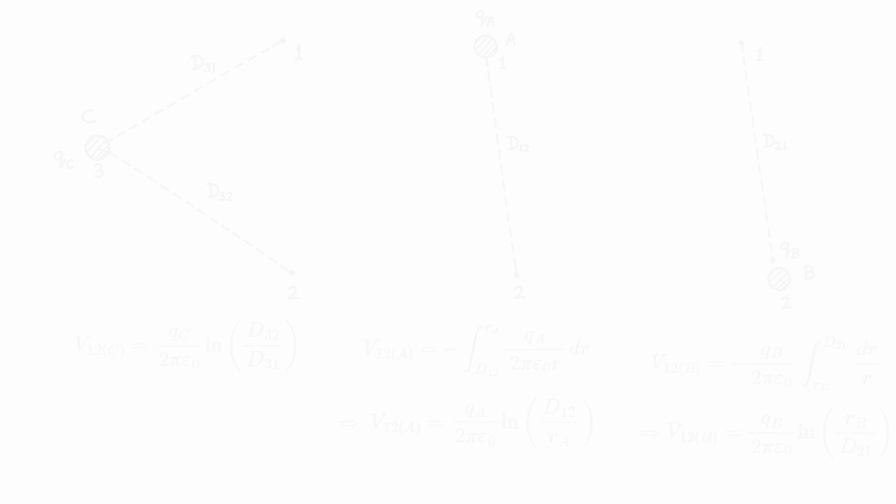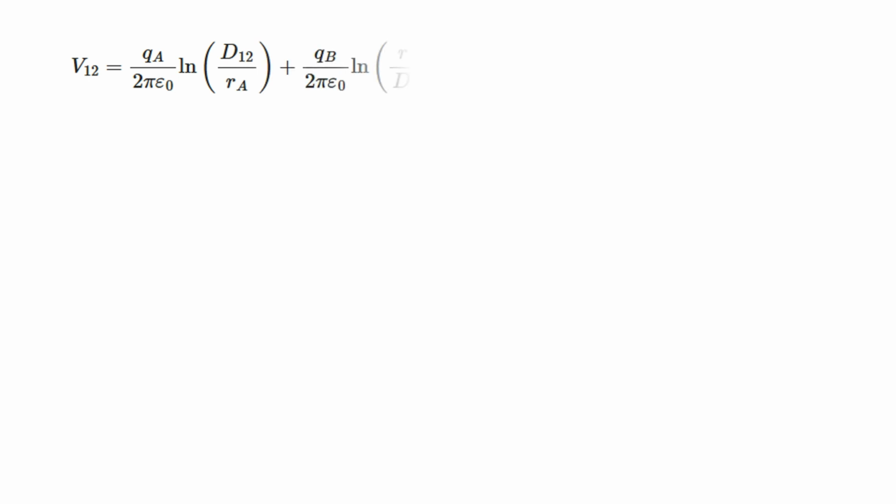So, we can write V_12 equals Q_A divided by 2 pi epsilon 0 into the natural logarithm of D_12 divided by R_A plus Q_B divided by 2 pi epsilon 0 into the natural logarithm of R_B divided by D_21 plus Q_C divided by 2 pi epsilon 0 into the natural logarithm of D_32 by D_31.